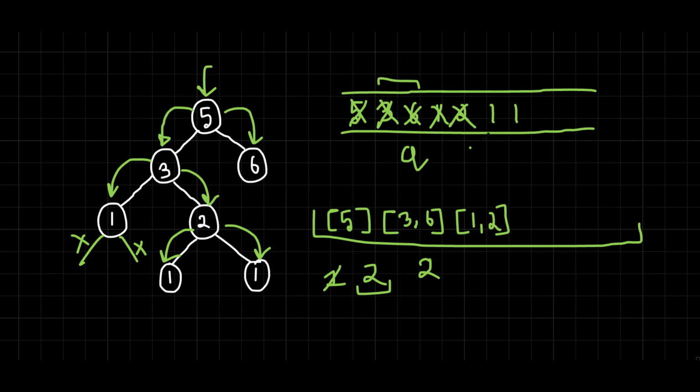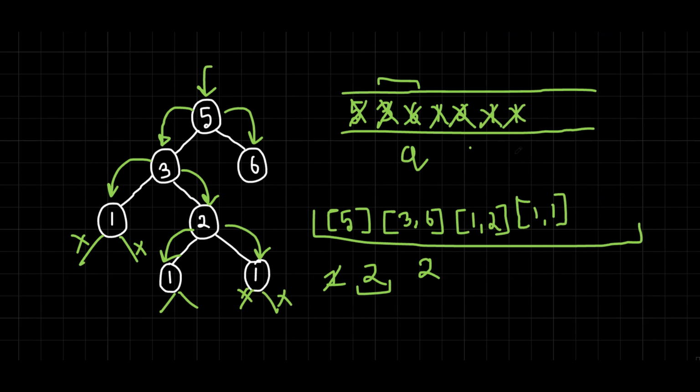Now, for the final level, the top element of the queue is 1. We insert the element 1 here, then remove it, and 1 does not have any left or right children. Again, we insert the next 1 into the vector, and as it does not have any left or right children, we simply remove it.